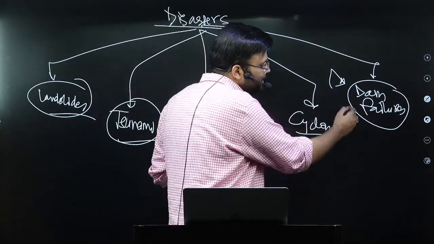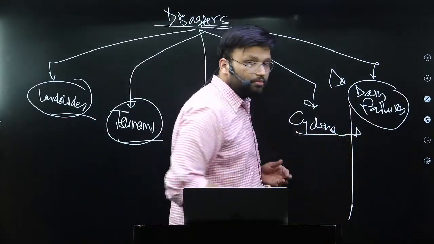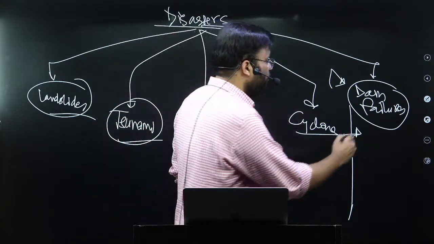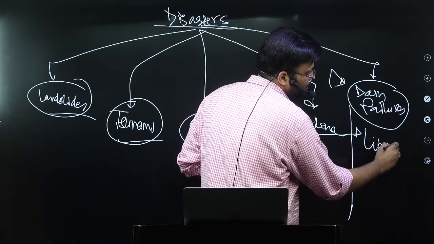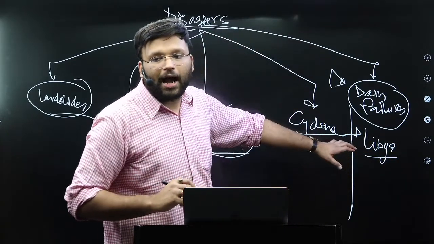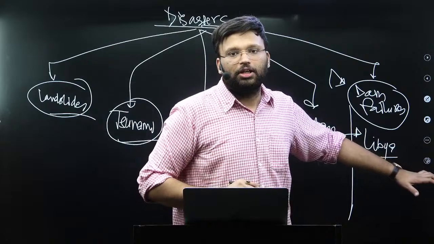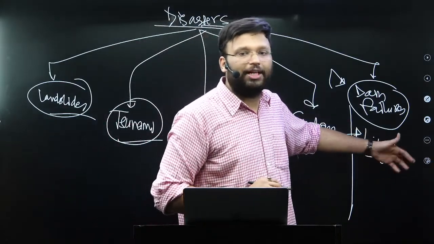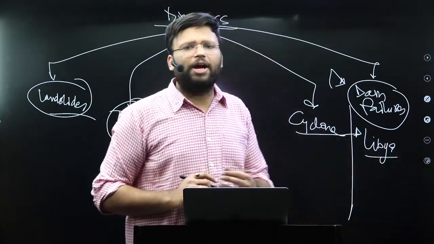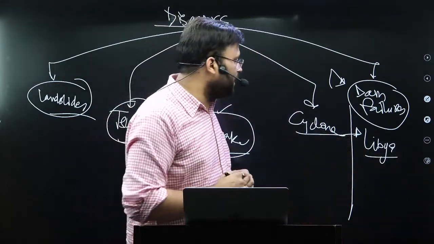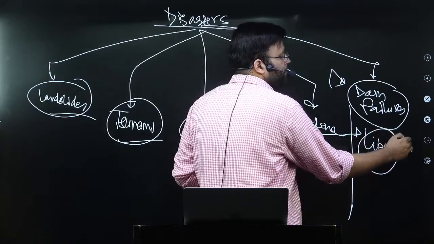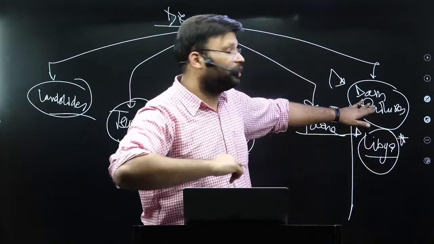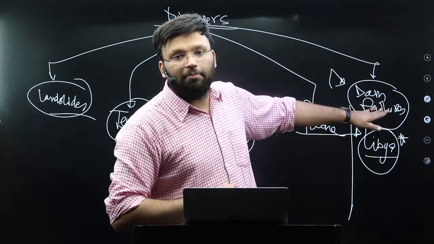While I was writing this answer myself in the mains, just some days before there was very major news from Libya, that a major dam failure caused a lot of floods in Libya, and it also caused a lot of deaths. And because there is no very strong state mechanism in Libya, this case study was very much in the news.